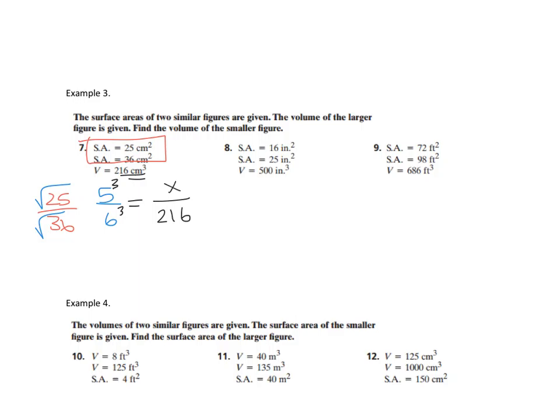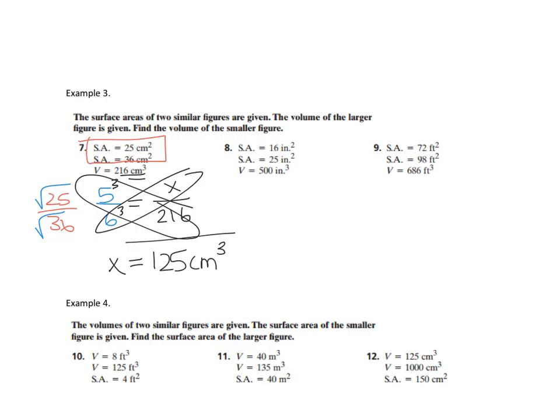So now I'm going to cross multiply. When I solve this, you can work it out, but I actually get 125 centimeters cubed. So I did 5 cubed times 216 and divided by 6 cubed.